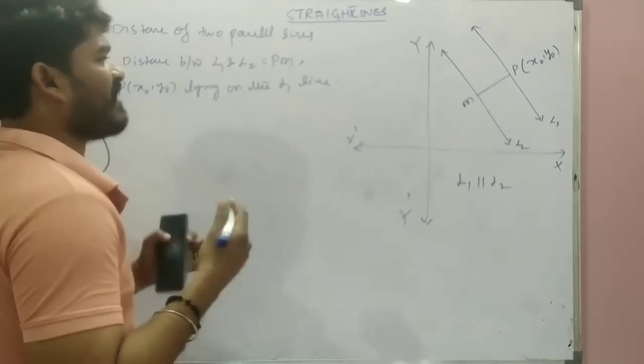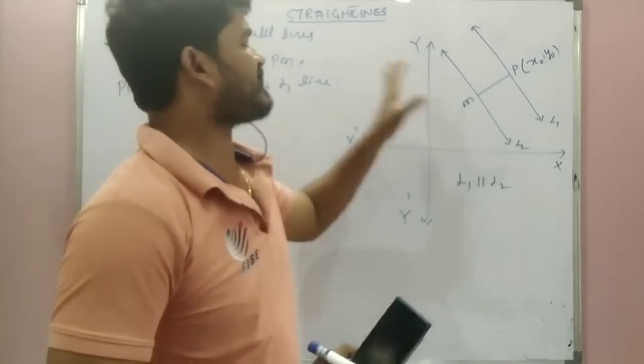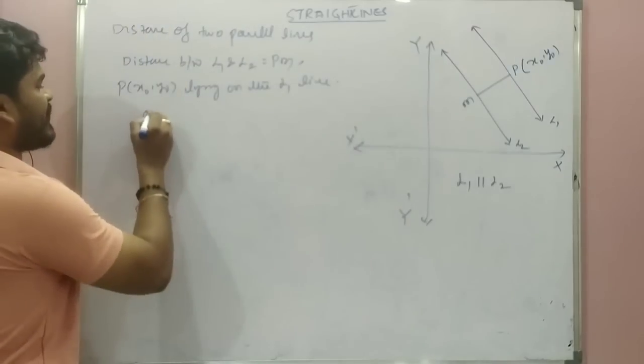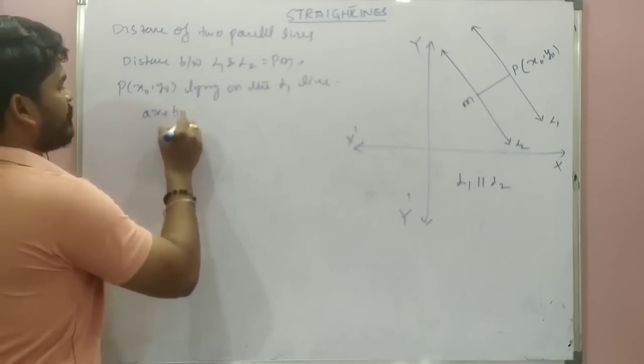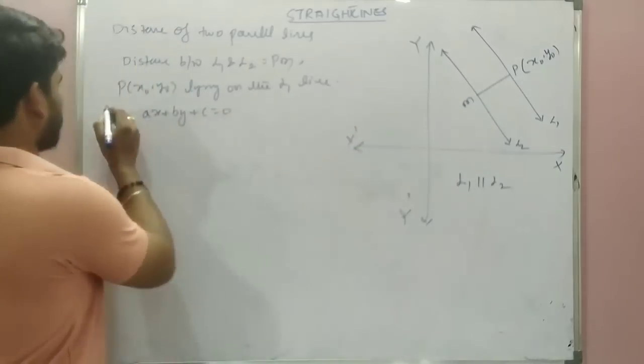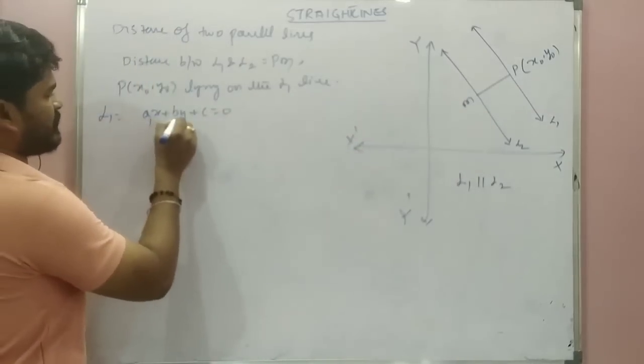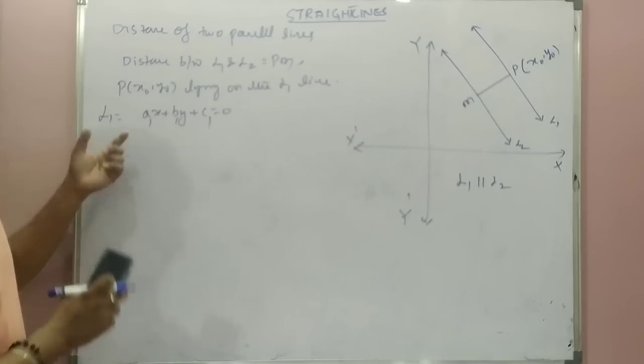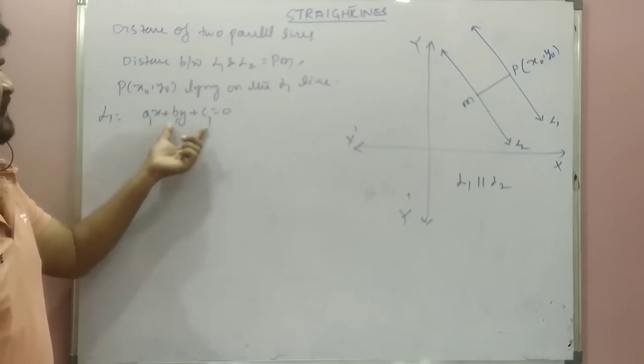Here, actually we know the equation of a right line, the general formula, ax plus by plus c equal to 0. But here, assume that these are L1: a1x plus b1y plus c1 equal to 0.